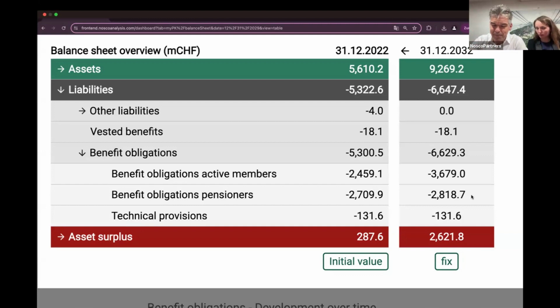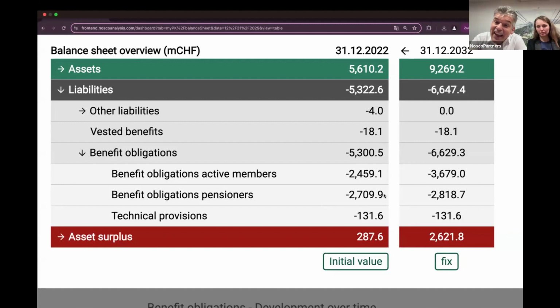Now, remember, we cannot change the pensions for existing pensioners. We can only change for new pensioners. And this is actually not so easy to calculate because it's not something that is happening right now. It's something that happens in the future. So we have to check how the benefit obligation to pensioners, so the present value of the future pensions, changes over time.